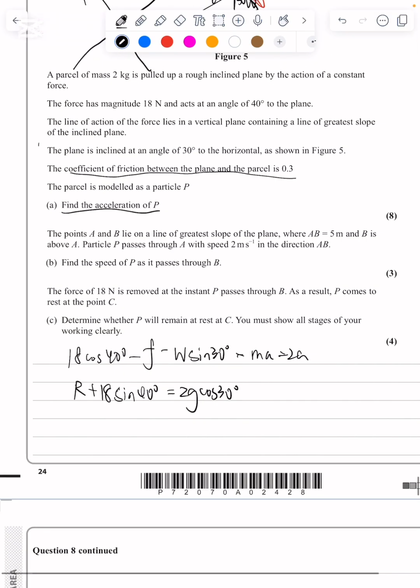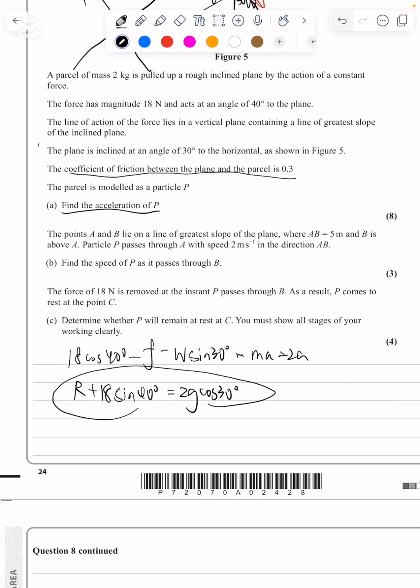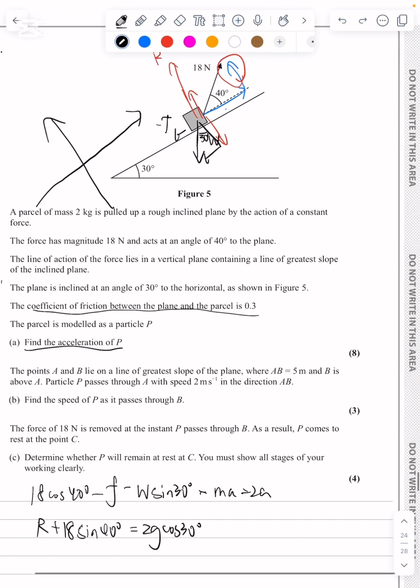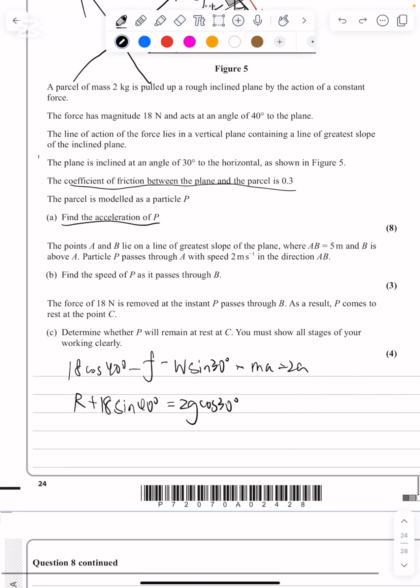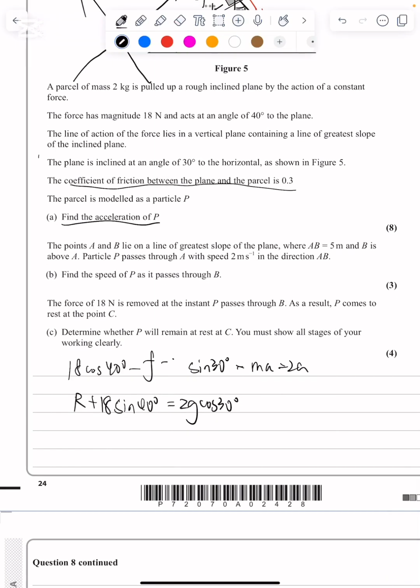And I think we can solve this first. So using the calculator, this should be 2g because we know the weight.